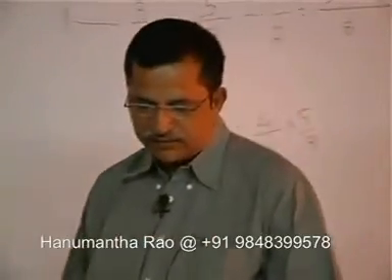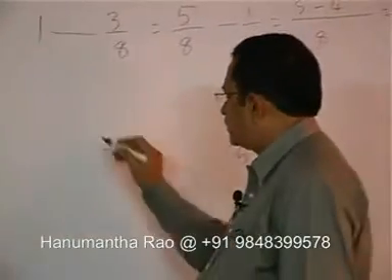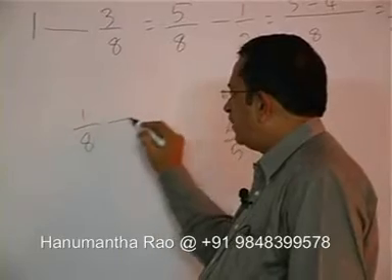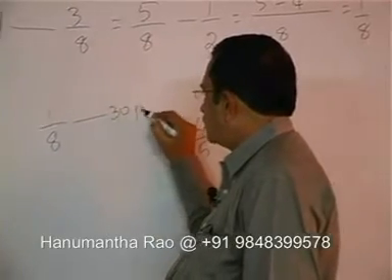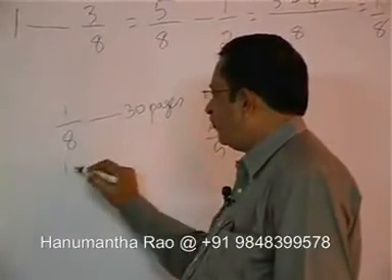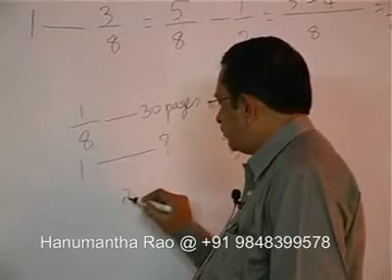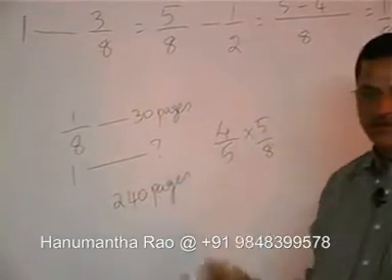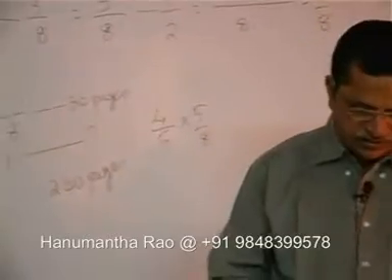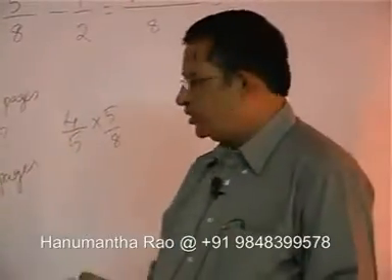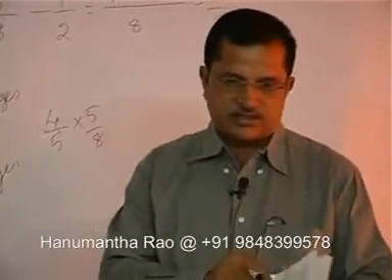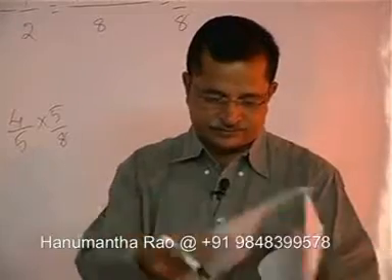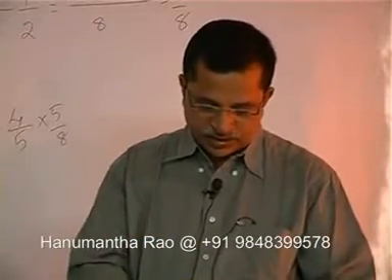This 1/8 of the book is equal to how many pages? 1/8 of the book is equal to 30 pages, so one full book will be equal to 240 pages. Next problem.